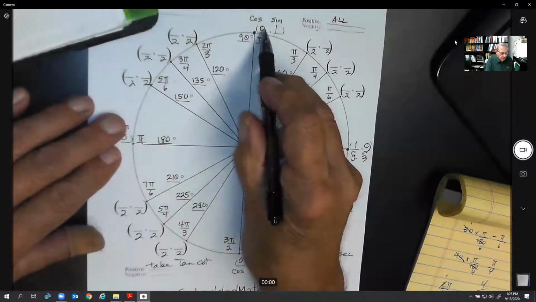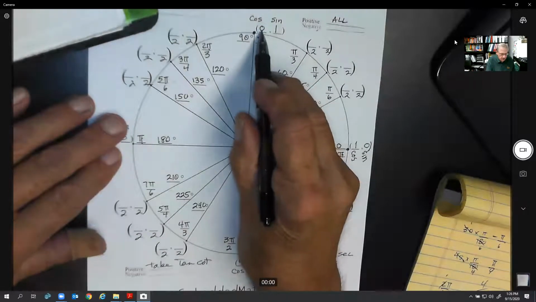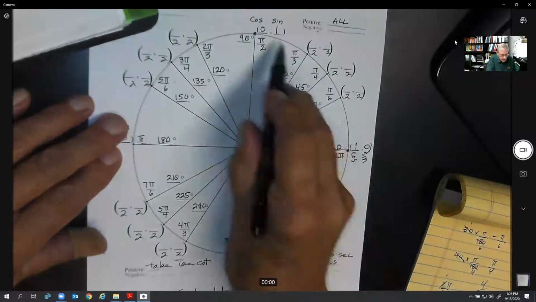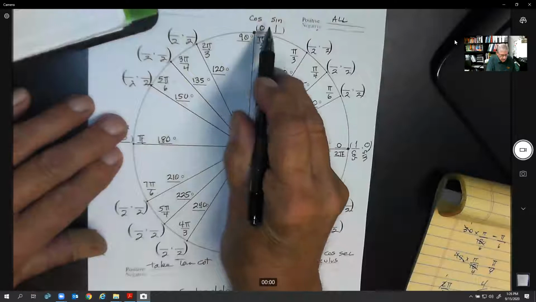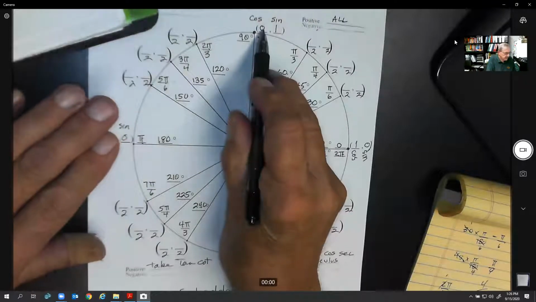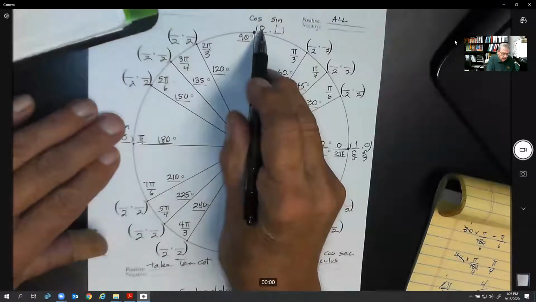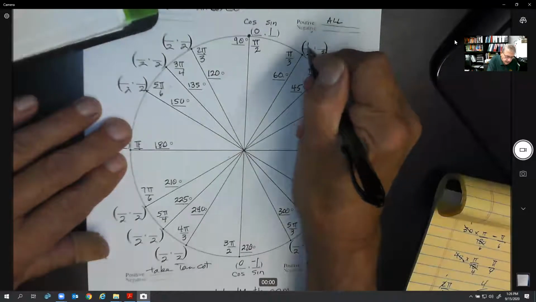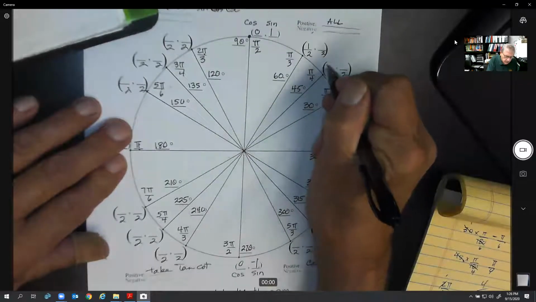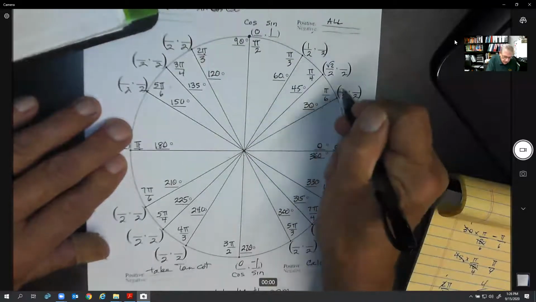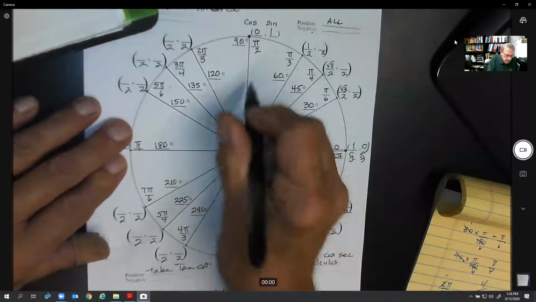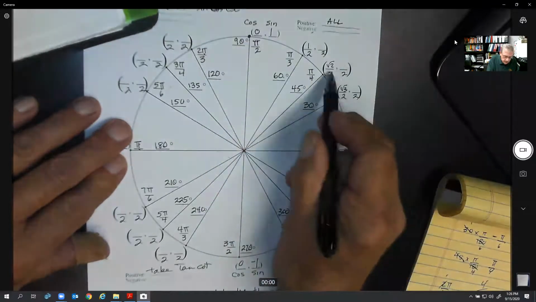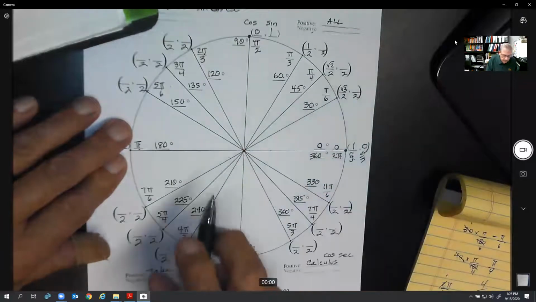How about the top numbers? We're going to go with square roots. We're going to start with it going around this way, and we're going to start with this one, just to help us get started. Square root of 0 is 0. The square root of 1 is 1. The square root of 2, the square root of 3. Square root of 0, square root of 1, square root of 2, square root of 3.